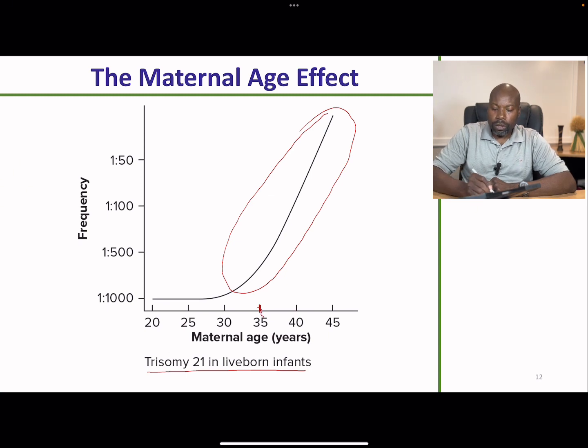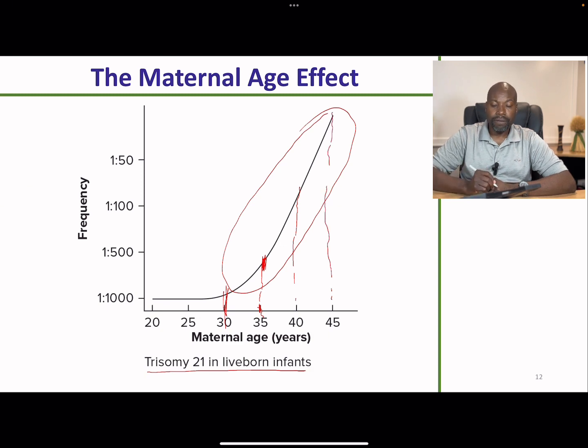Notice that between the age of 20 and 30, chances of having a child with trisomy 21 is very low. However, as the age increases, the chances go up. As we go to 40, it goes even higher. At 45, it goes even higher, right?